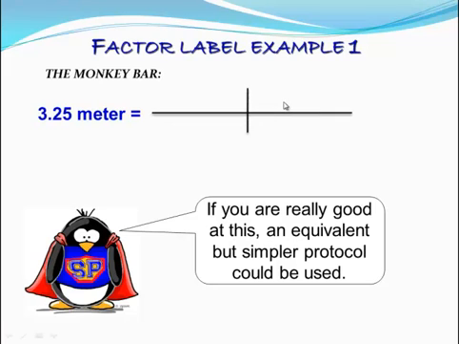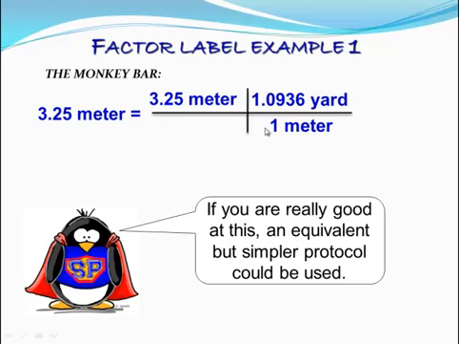Now you draw these bars. You started here, and this is the vertical line. This vertical line is actually the equivalent of a multiplication sign between those. So you started with 3.25 meters, and you say I want to cancel the meter, so I put in the meter here and yard on the top.